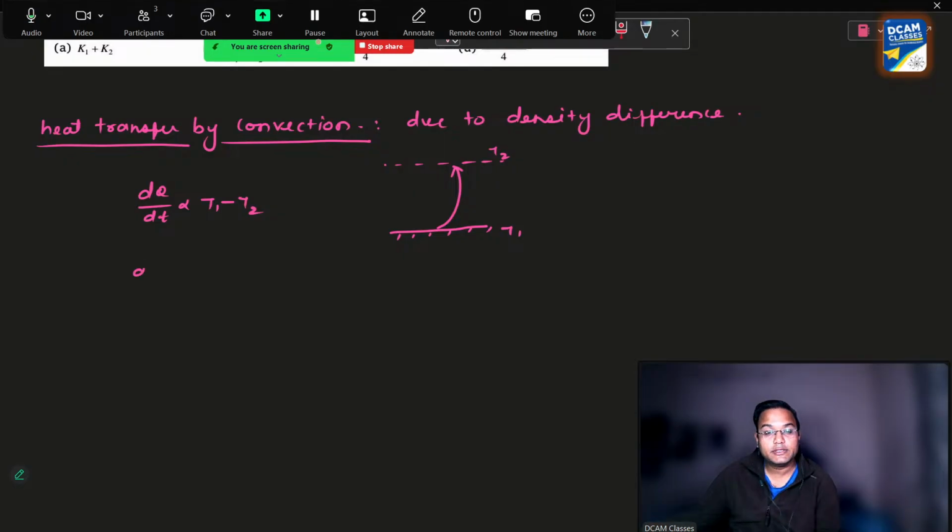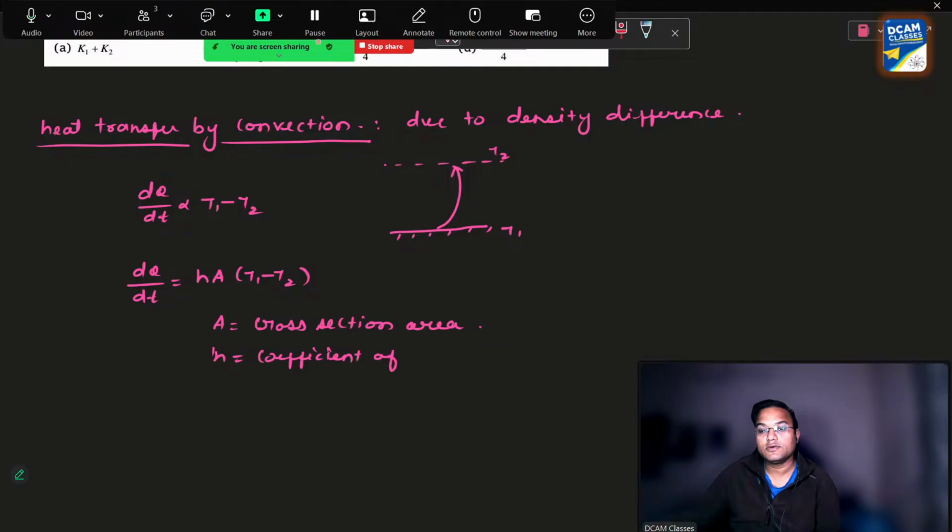The only difference is that dQ by dt, when we remove the constant of proportionality, becomes hA into (T1 minus T2), where A is the cross-section area and h is the coefficient of convection.